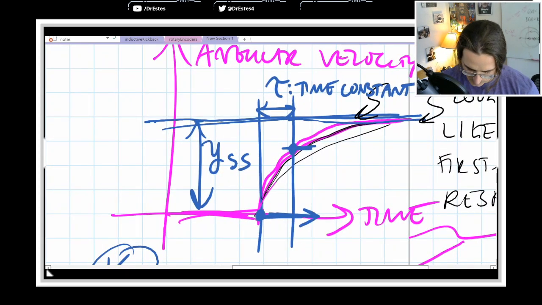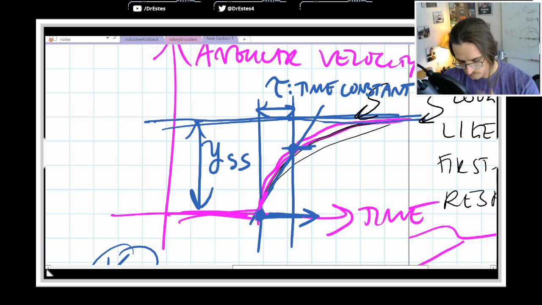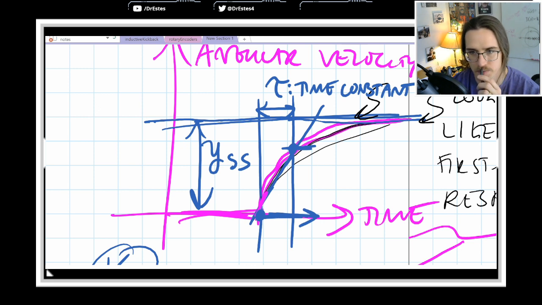You're taking the slope at the moment of the step, and you're seeing where that intersects the steady state line. At least just from this little drawing I'm making, I can see why that would be reasonable. But I'd still say with noisy data such as ours, getting that derivative is tough.